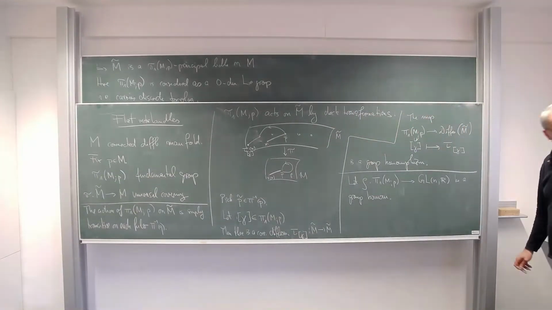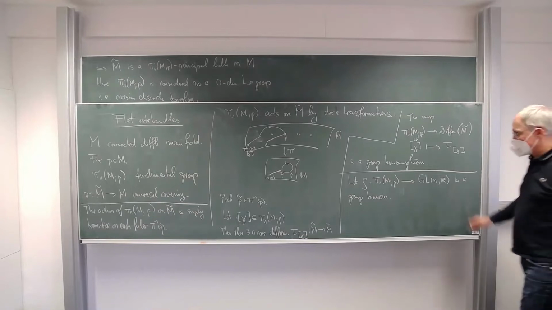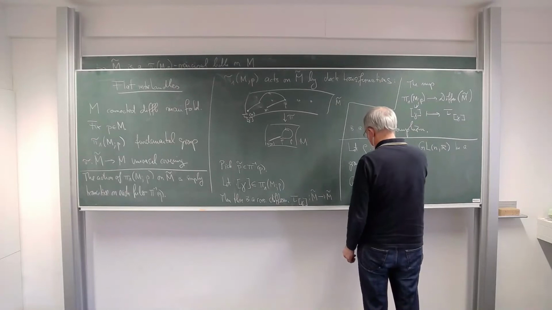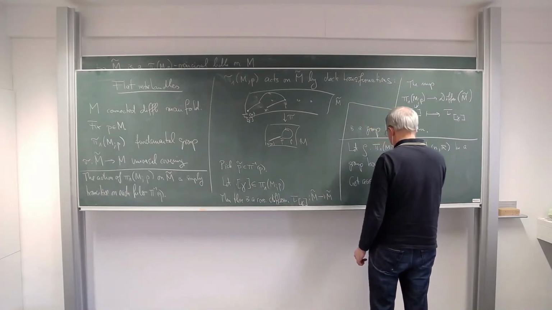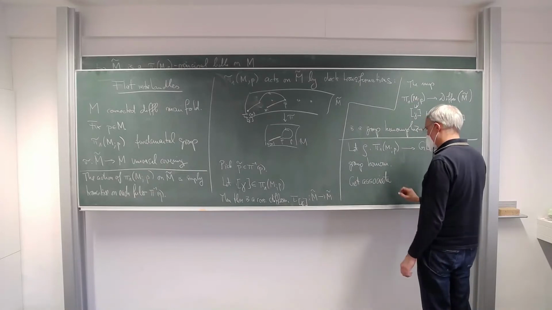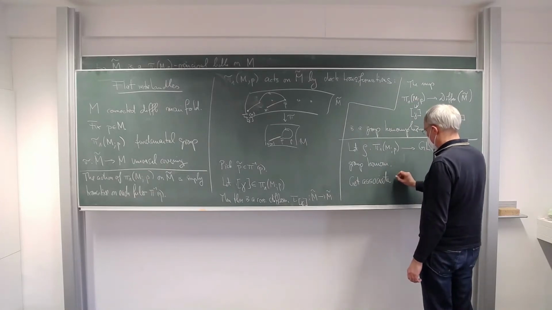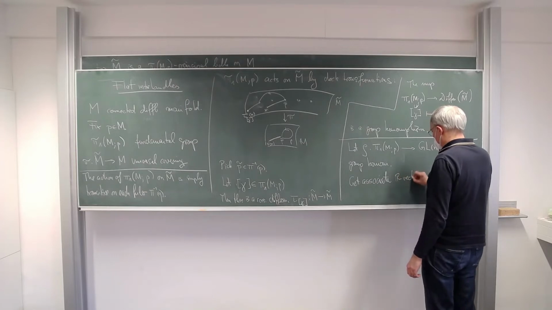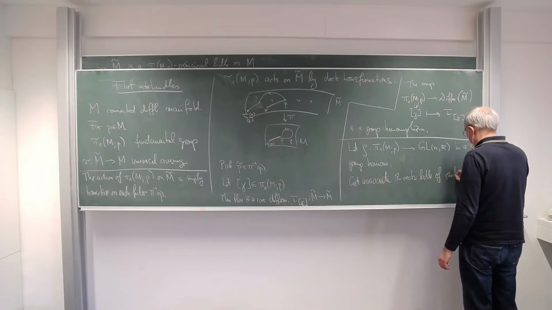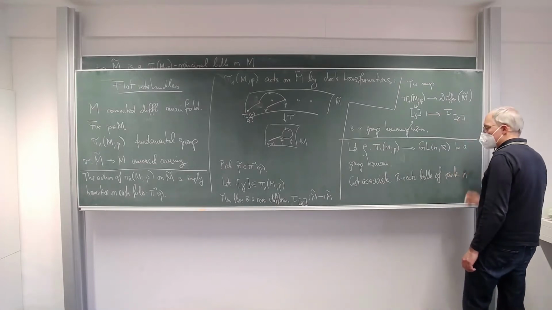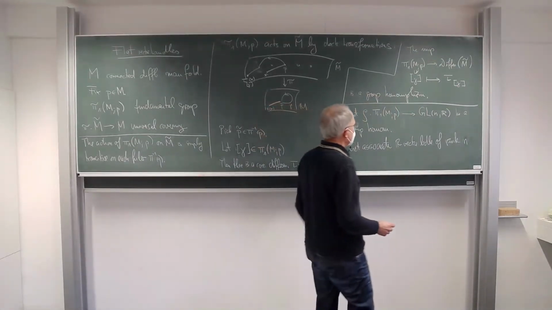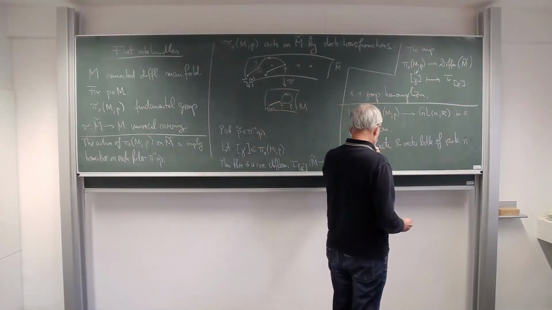Okay, so let rho be such a group homomorphism, then we get an associated real vector bundle of rank n by the usual construction that you do when you have a representation and a principal bundle.